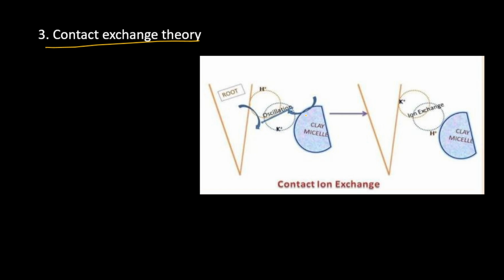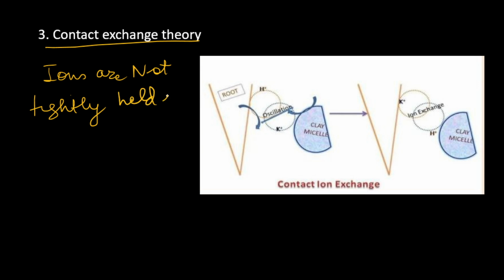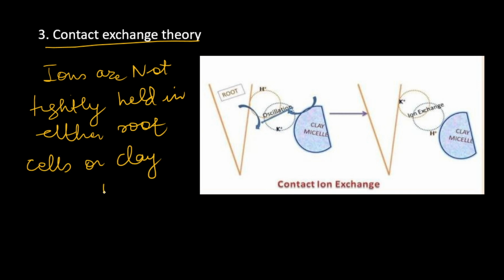Ions are not tightly held in either root cells or clay micelle. So both of these, either this root cell or this clay micelle, will not hold the ions tightly.